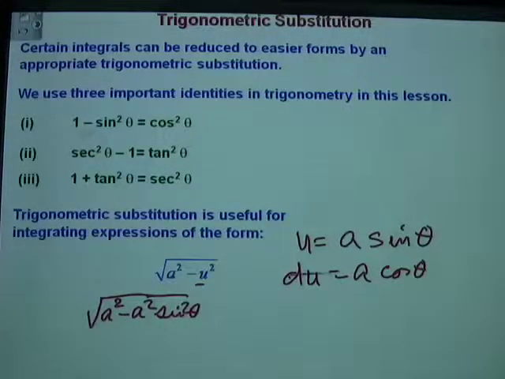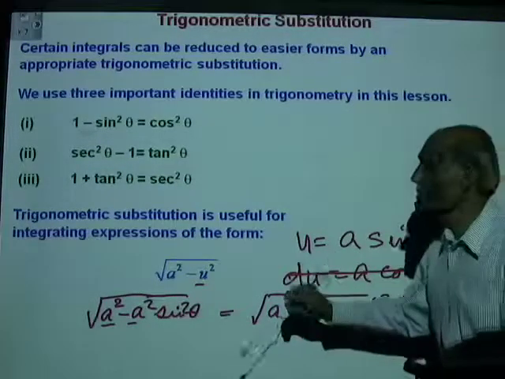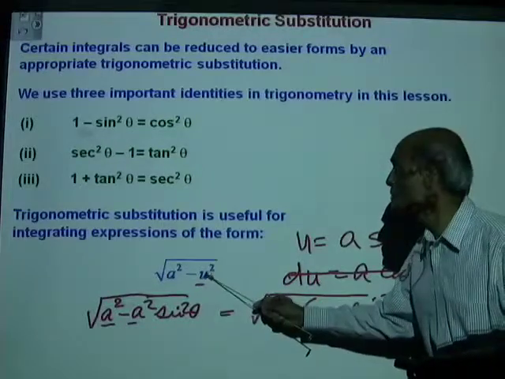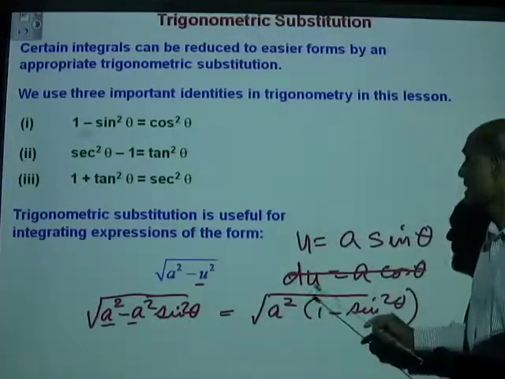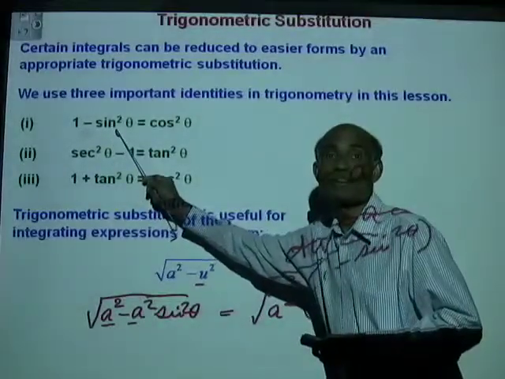At the moment, we are not going to look at du. We will simply simplify the square root quantity. This can be written as the square root of a squared times 1 minus sine squared theta, where a squared is factored out. Look at the way a simple substitution like u equal to a sine theta brought out the quantity 1 minus sine squared theta.